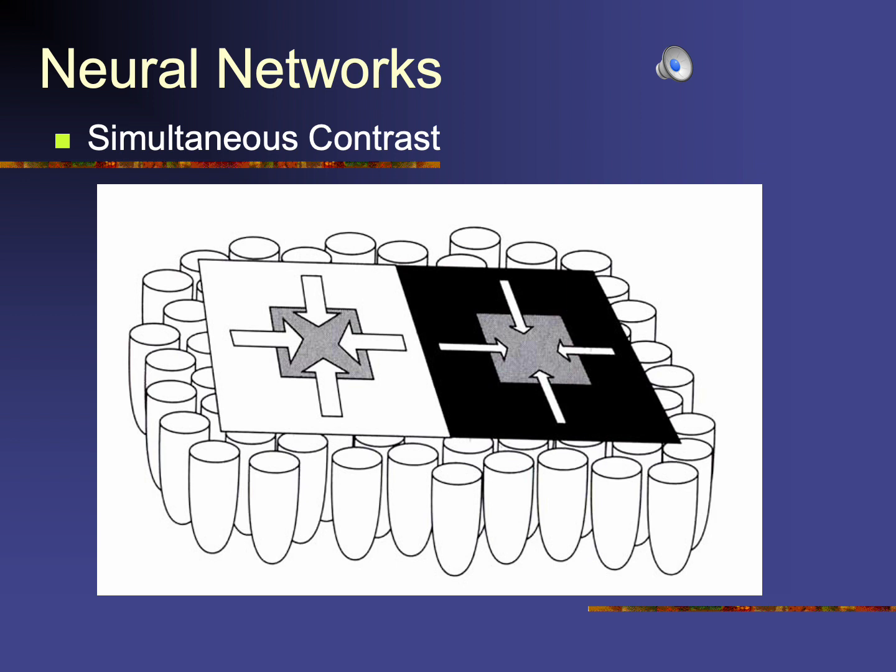The inhibition causes a firing rate drop in the receptors in the middle. And your brain interprets that as if they're not being stimulated, and so it makes that area darker. Well, on the right side, where you've got darkness around the center, there isn't as much inhibition. And so since the firing rate hasn't changed, the brain interprets that as if the luminance is higher. And so we have this slight misperception.